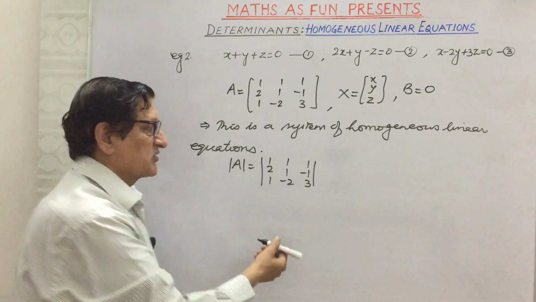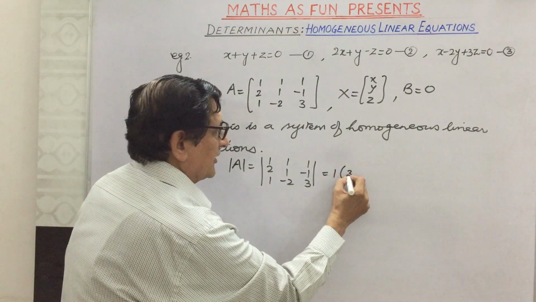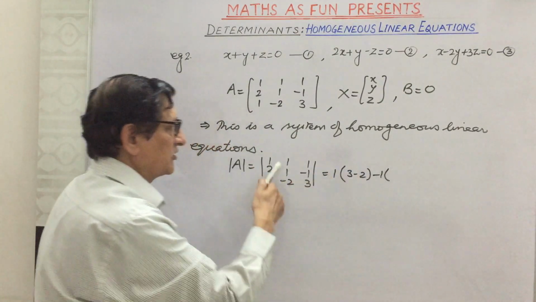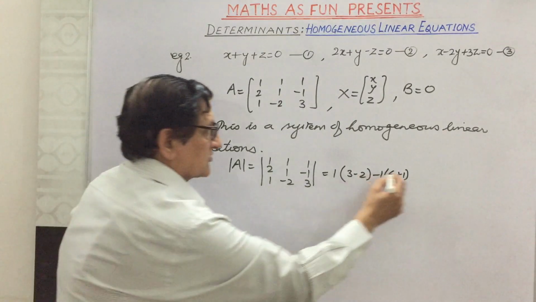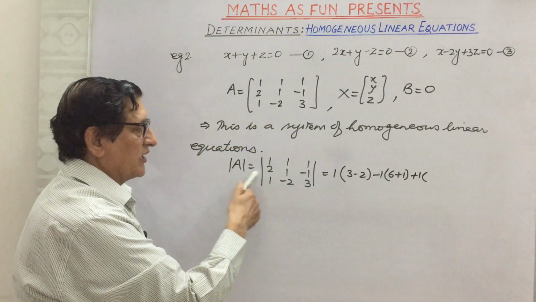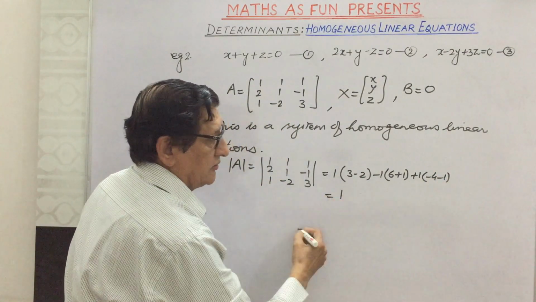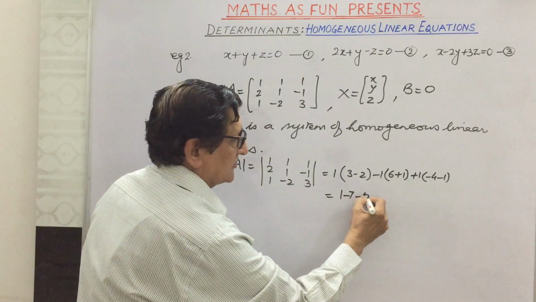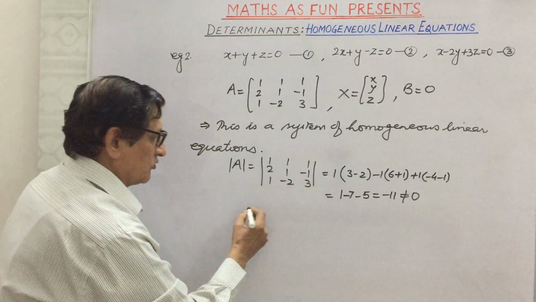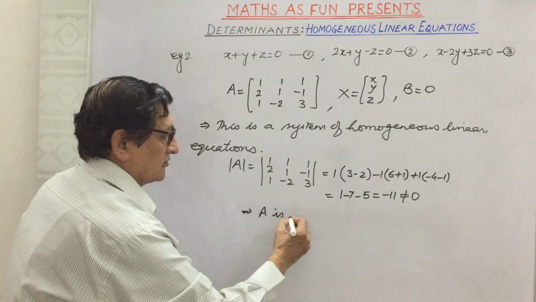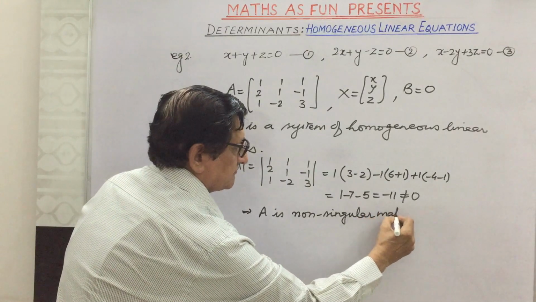Finding the value, we expand it along row 1, and here it comes as 3 minus 2, minus 1 into 6 plus 1, plus 1 into minus 4 minus 1, which gives us 1 minus 7 minus 5, which is minus 11, not equal to 0. And if it is not equal to 0, then A is non-singular matrix.